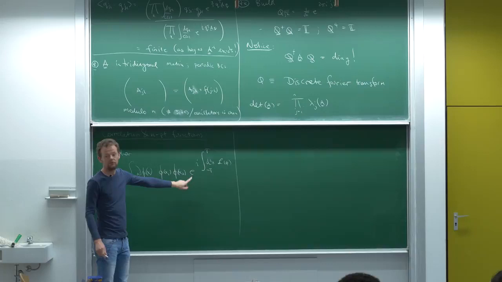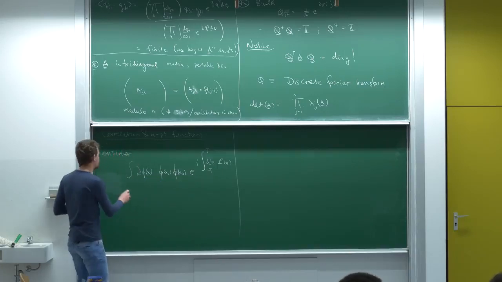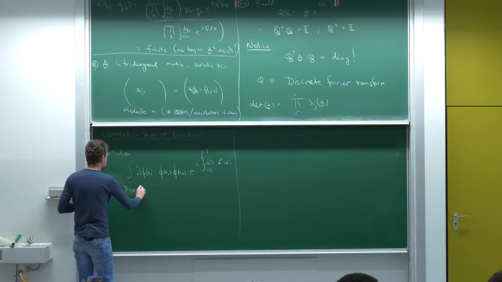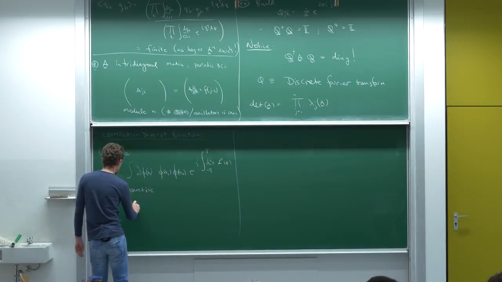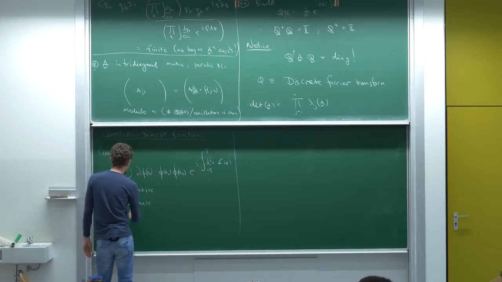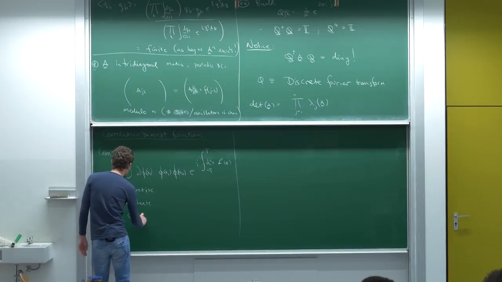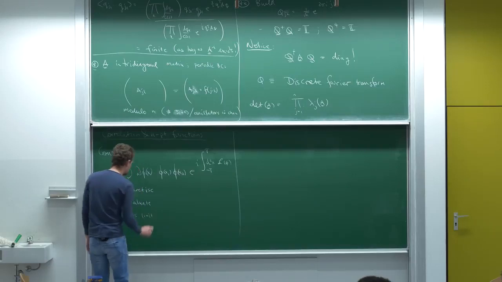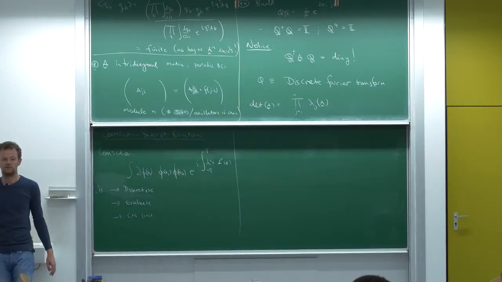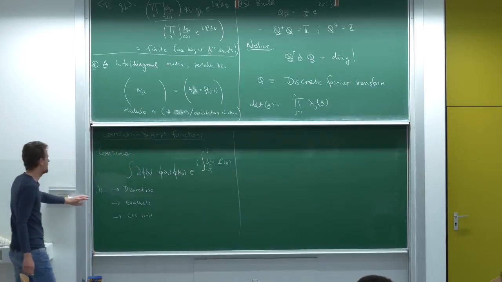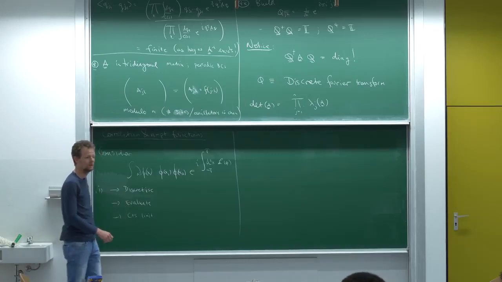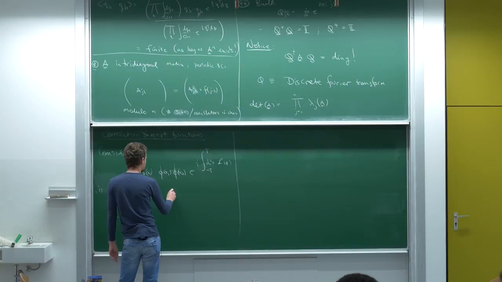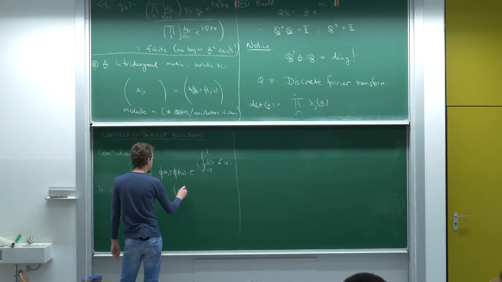To make sense of this, you have to follow the prescription of discretize, evaluate, continuous limit. Always, when you see an expression like that, you should be thinking, how do I discretize, evaluate, and take a continuous limit? So discretize, I'll do that first step, and then the rest is yours.